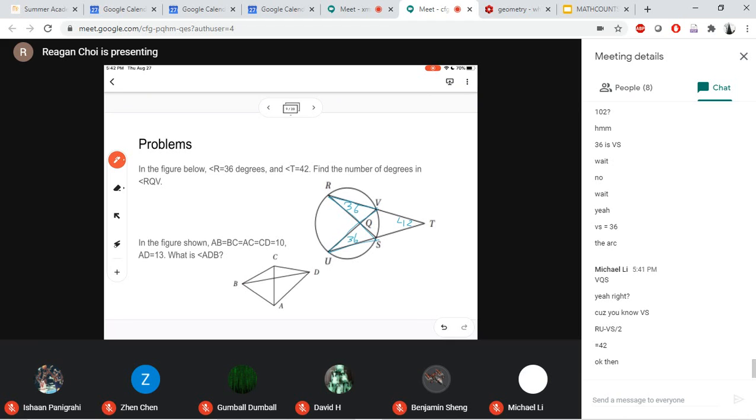By the formulas before, we get RU, the arc, minus VS over 2 equals 42, and we get RU plus VS over 2 equals VQS.